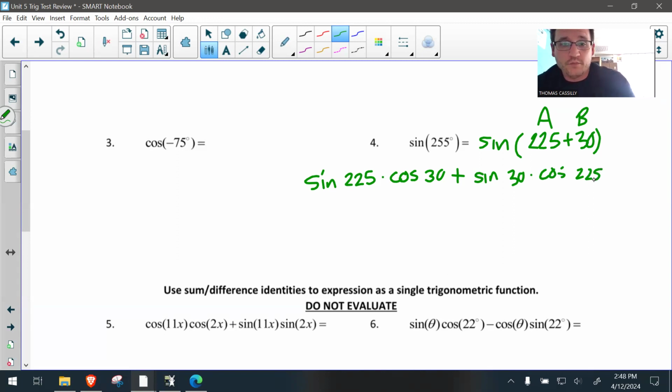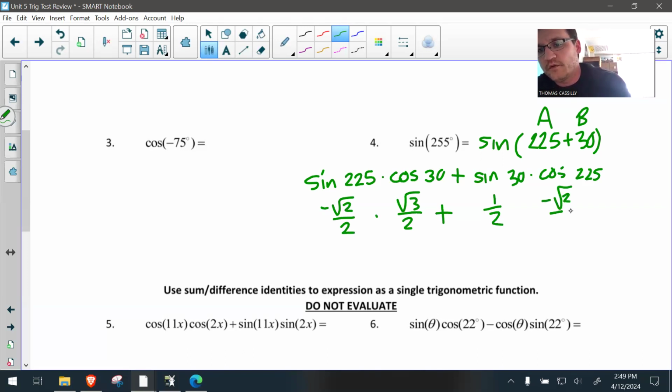So plugging all that in, looking at your unit circle, 225. The sine of 225 is negative square root of 2 over 2. Cosine of 30 is the square root of 3 over 2. Plus the sine of 30 is 1/2. And then the cosine of 225, also negative square root of 2 over 2.